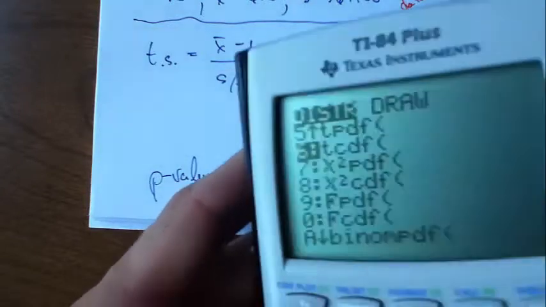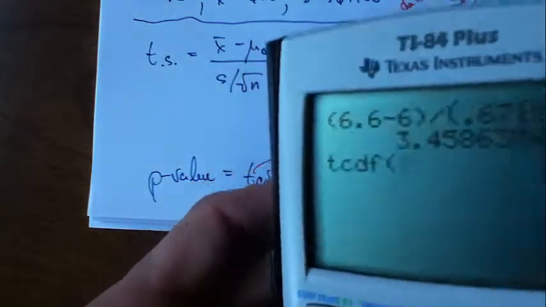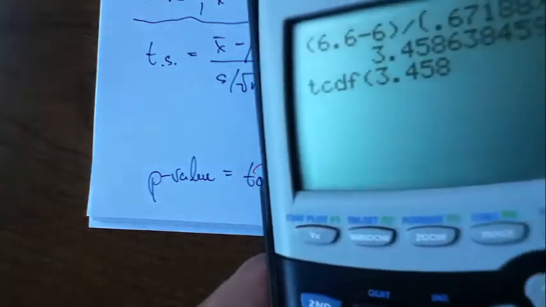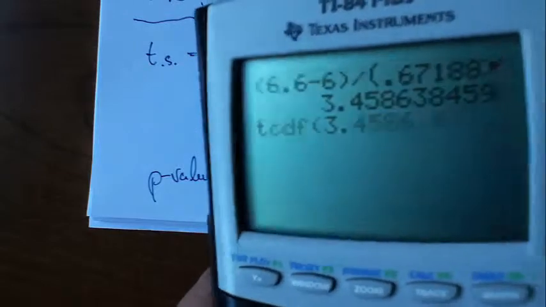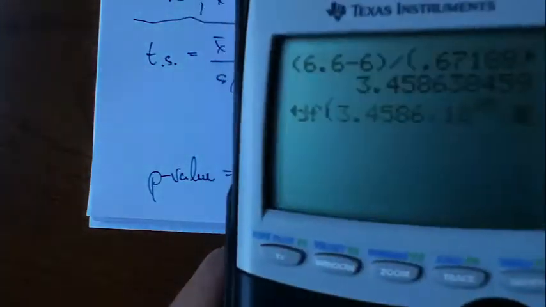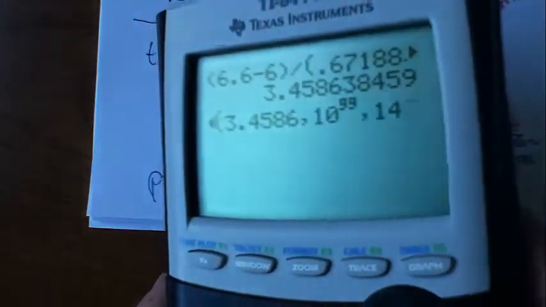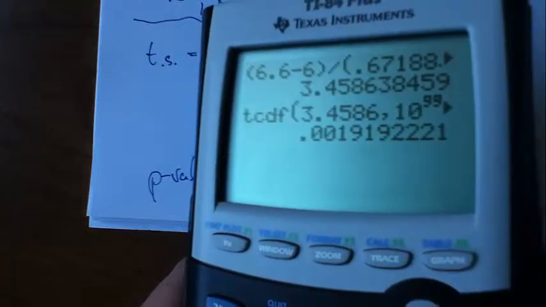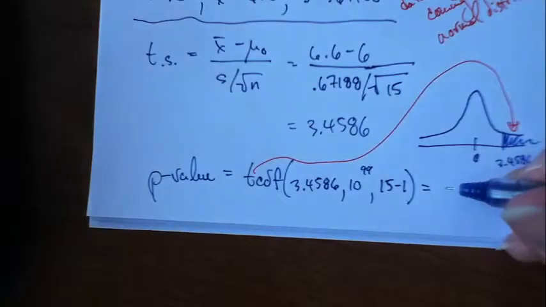There it is, option 6. tcdf of 3.4586 up to 10 to the 99th, and then comma 14, right? And there you go, p-value, pretty small, 0.0019.